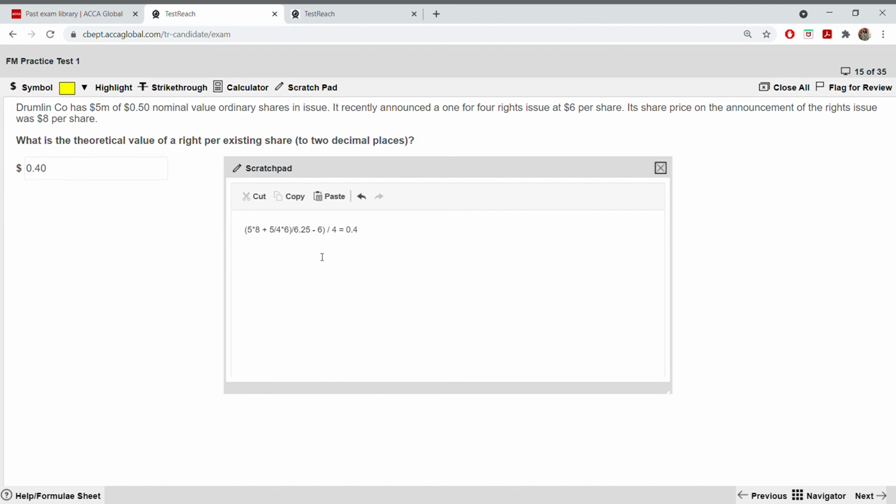Because if you add this separately, it will be 40, 5 into 8, plus 7.5, because 5 over 4 into 6, which is 47.5.